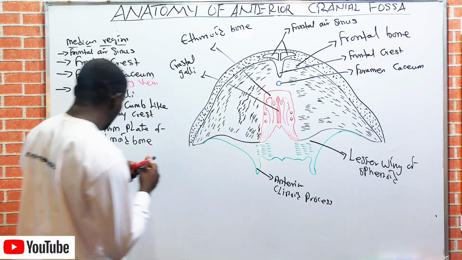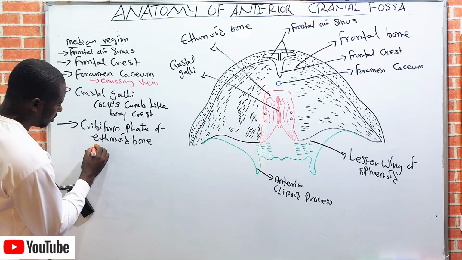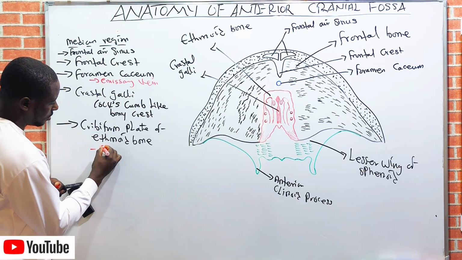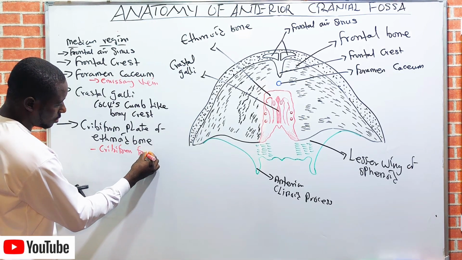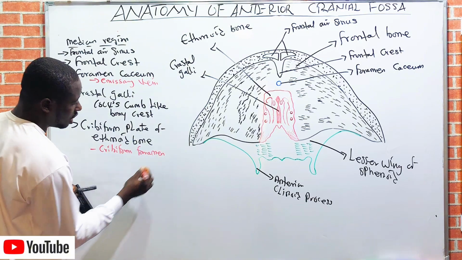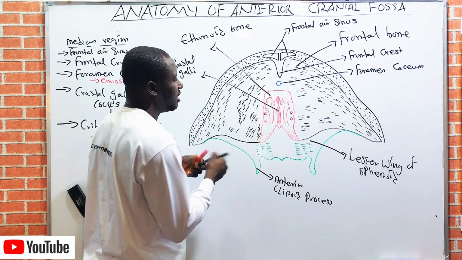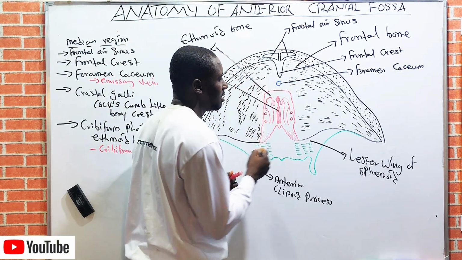We have the cribriform foramen. Here is the cribriform foramen or the nasal slit.